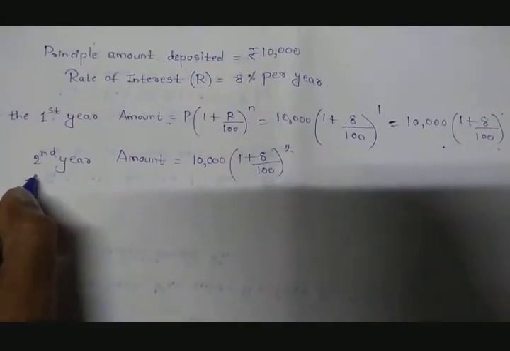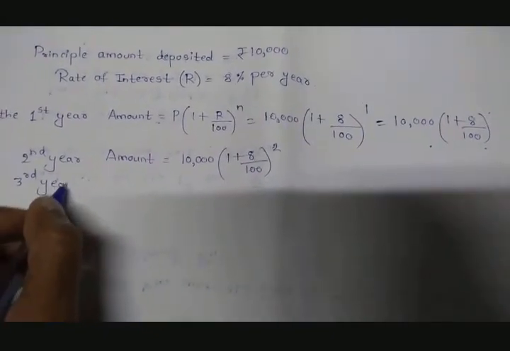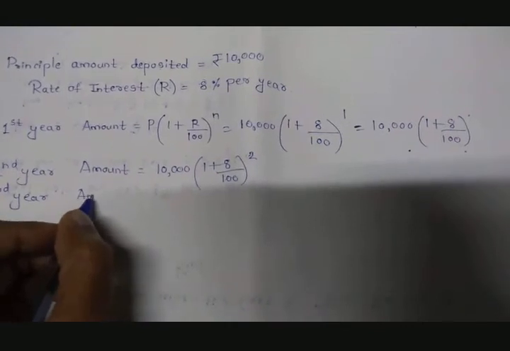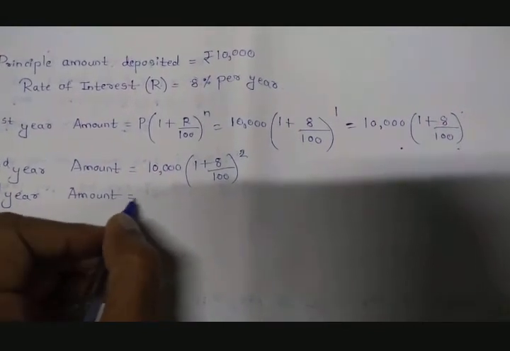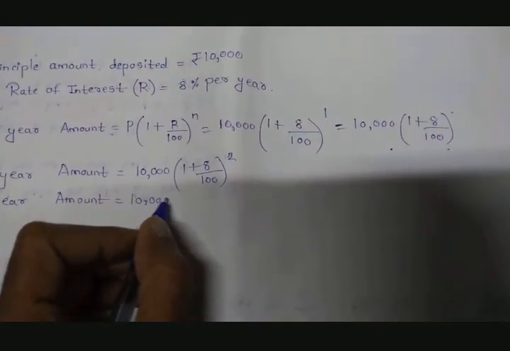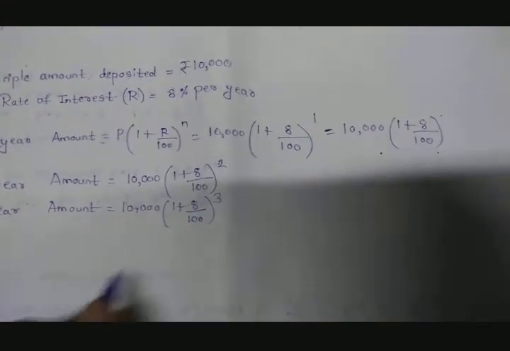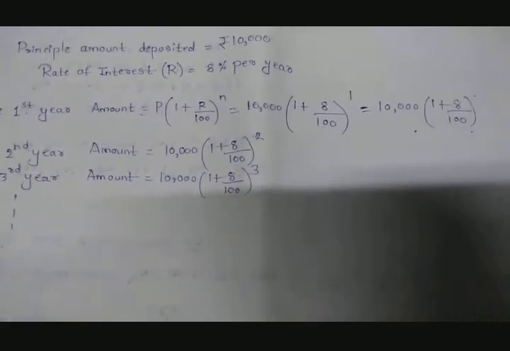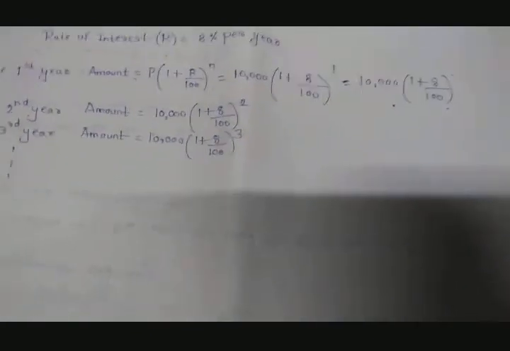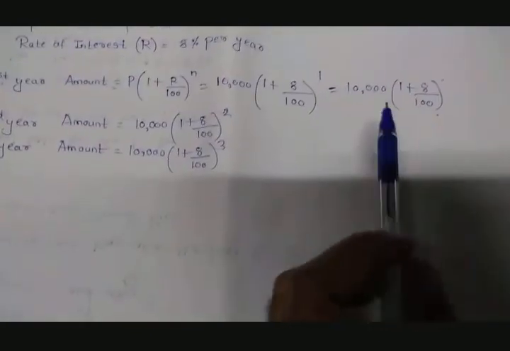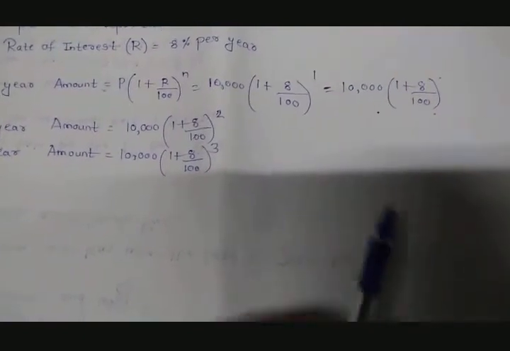And for the third year, the amount will be 10,000 into 1 plus 8 by 100 whole cube, and so on. It goes on, right? So the thing you have to use here is your common sense.